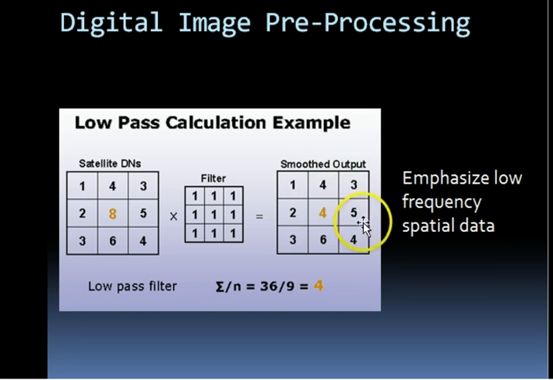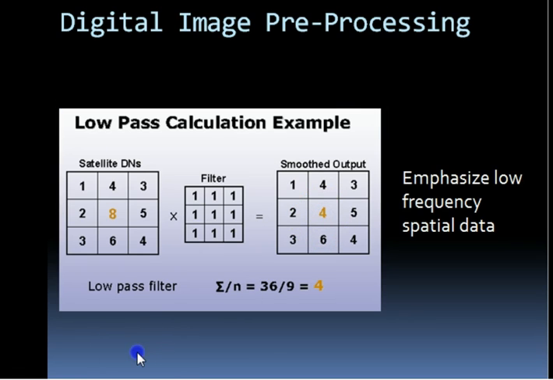Right now everything else has stayed the same because the filter, the moving window, hasn't moved to those pixels yet. But you can see how before the contrast here between this 8 value and its neighboring pixels was much greater than the contrast now. So in essence, this has made this 1 pixel a lot less bright relative to its neighbors.